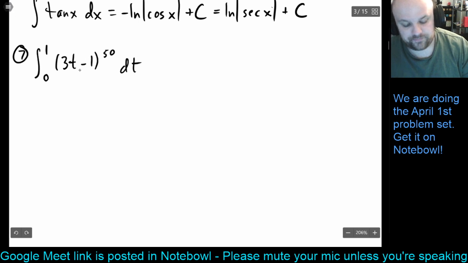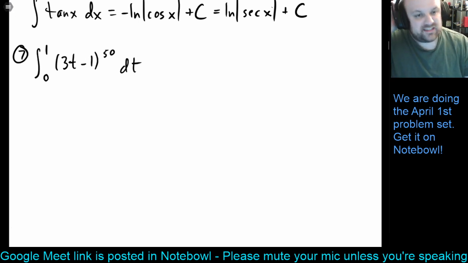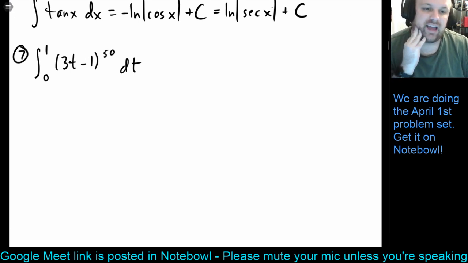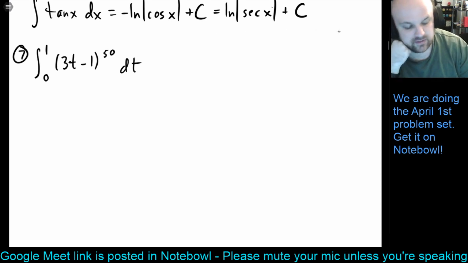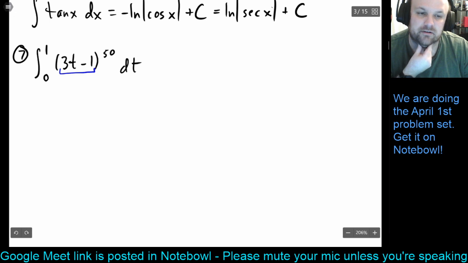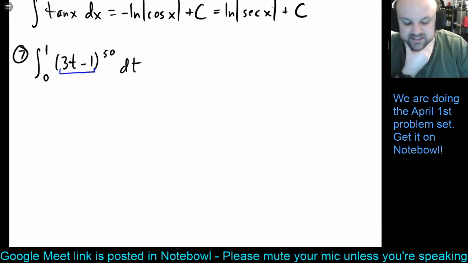So here, when we're deciding on what to make u, we actually just completely ignore the bounds. Those don't matter when we're trying to figure out what u is. In this case, the thing that makes sense to be u is the stuff inside this power. Theoretically, we could expand this out, but that would be pretty horrible.